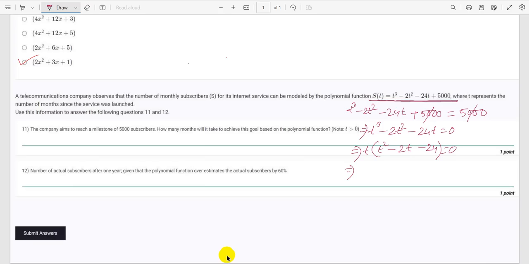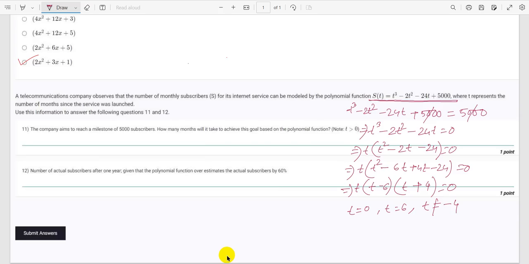Now we have to factorize this term. t square minus 6t plus 4t minus 24 is equal to 0. So t into (t minus 6) (t plus 4) is equal to 0. So now t is equal to 0, t is equal to 6, and t cannot be equal to minus 4 as t represents the number of months, right?